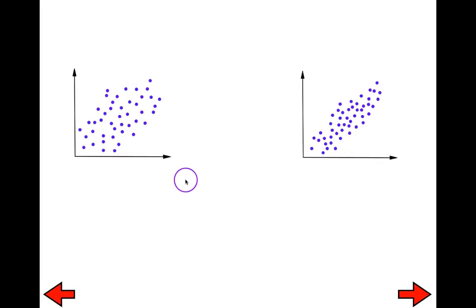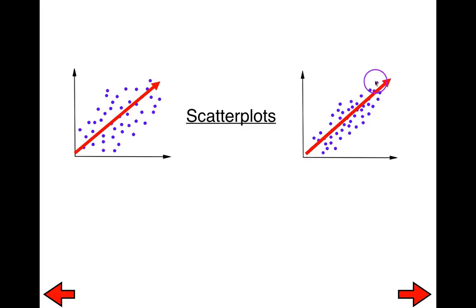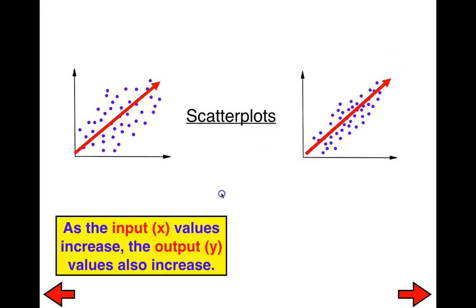Okay, so we're going to take a look at some of the different associations of these scatter plots. Again, scatter plots are basically graphs of bivariate data. Bivariate data is basically two variables. So here, notice it's going up, and in this scatter plot, it's also going upwards as you go from left to right. So basically, as the input increases, so does the output.